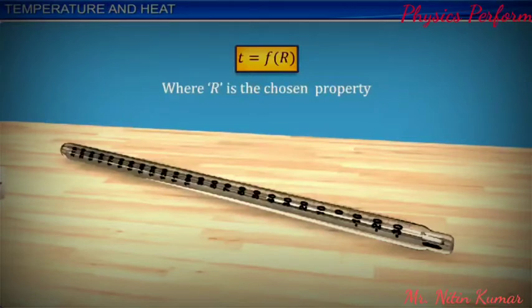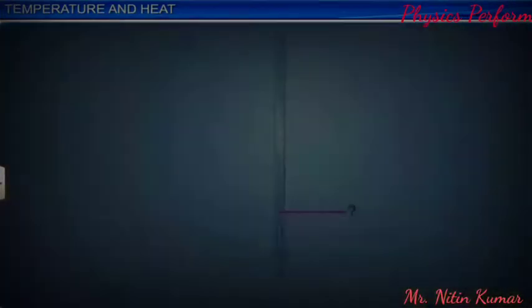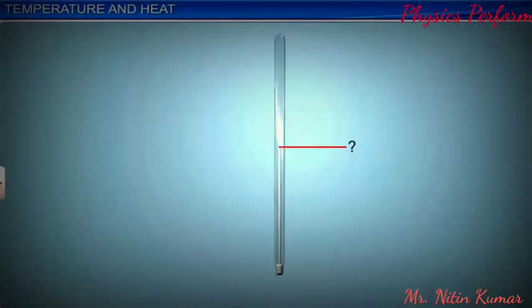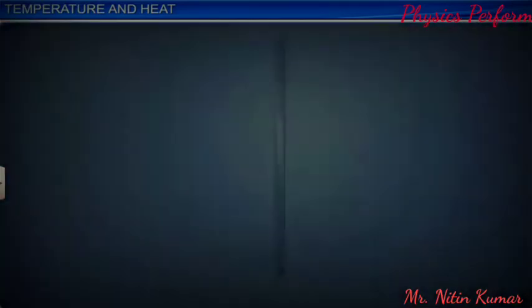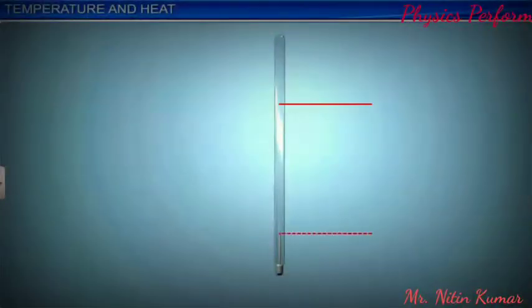The temperature of a body can be written as a function of the selected property, say R. To assign a numerical temperature value to a particular length of mercury column in a mercury thermometer, we choose two reference points and assign arbitrary values to them.